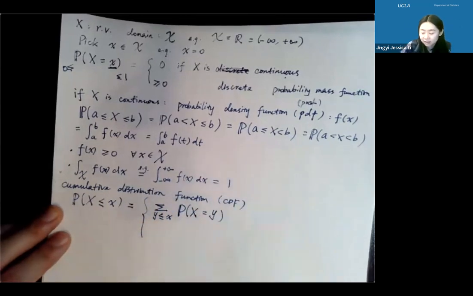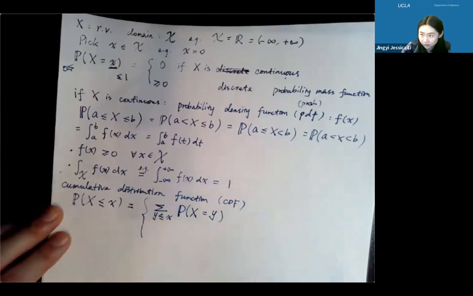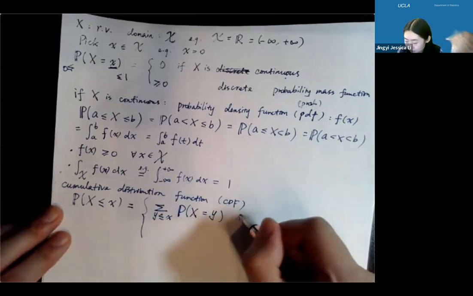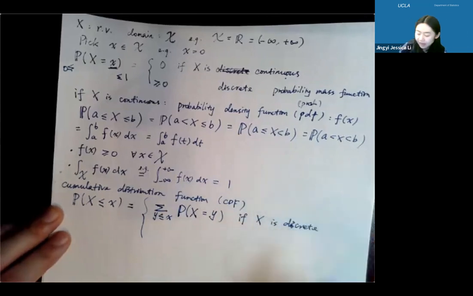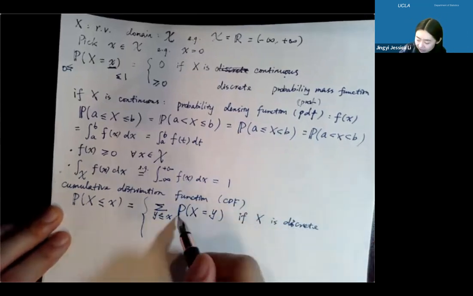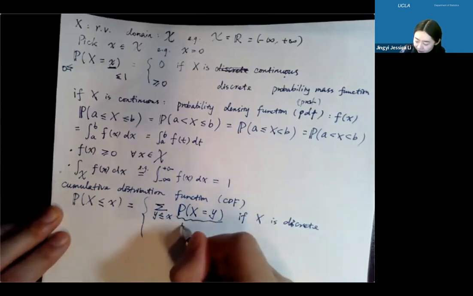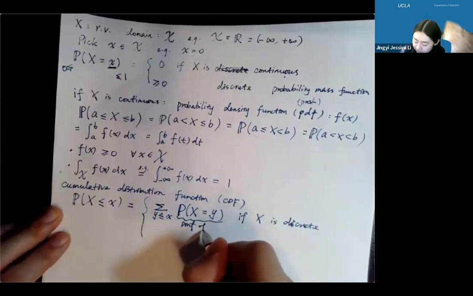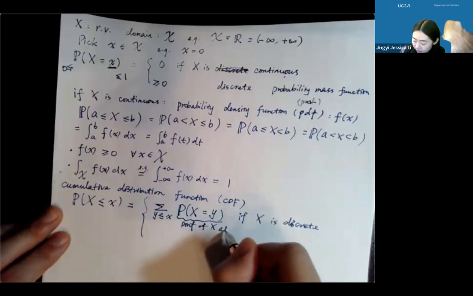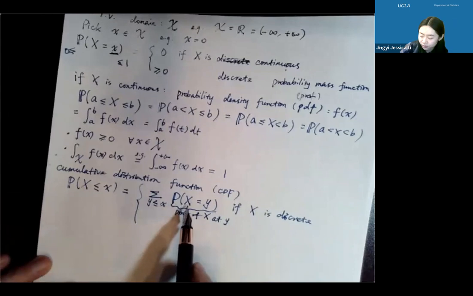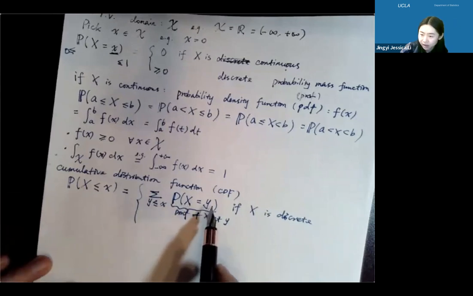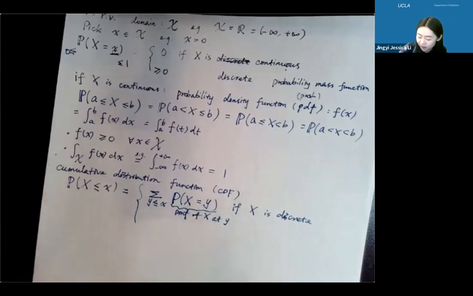That's for a discrete random variable, if X is discrete. And this is exactly the PMF of X at y, right? I evaluate the PMF of my random variable at every single value y. As long as y is under small x, I sum them up.